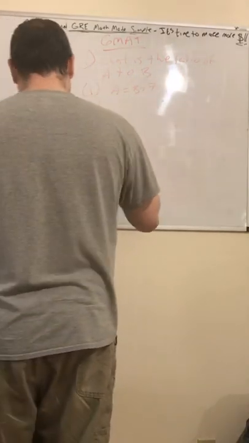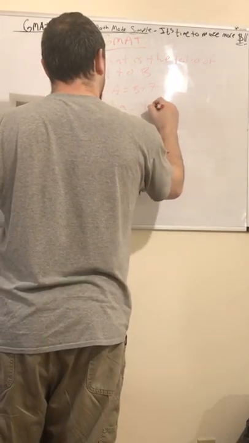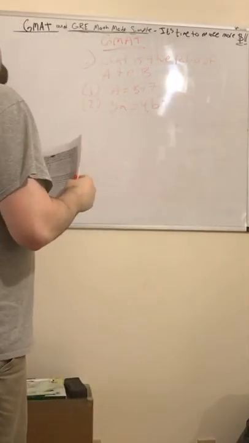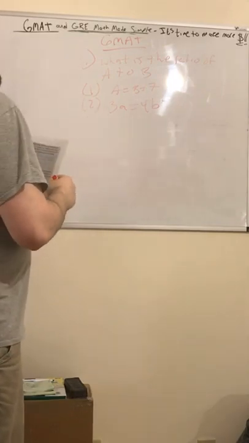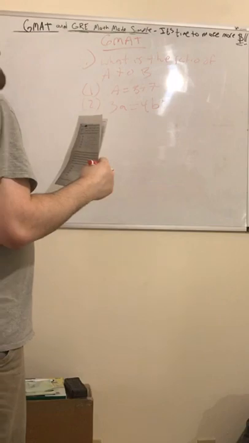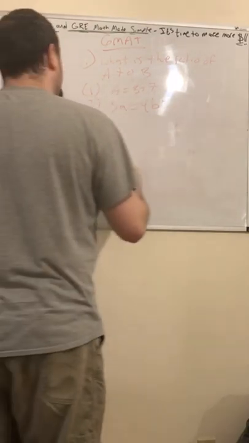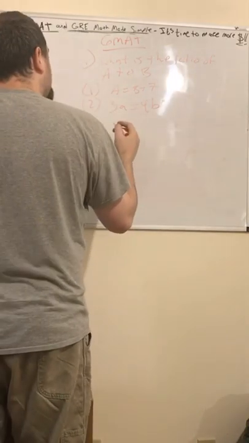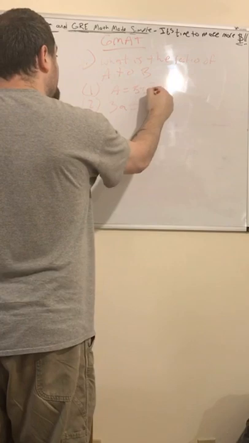And for 2, they have 3A equals 4B. Okay? So in order for this to work, we would make sure that we figure out, can we get a ratio out of number 1? Out of 1, you say no, because right now it's not comparing anything, and you see this plus 7 is what's really jacking it up.